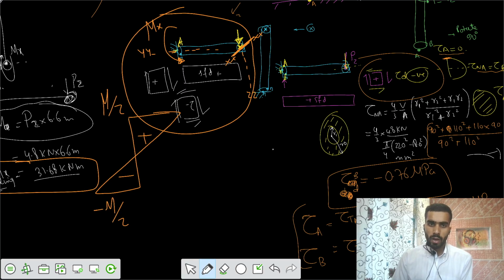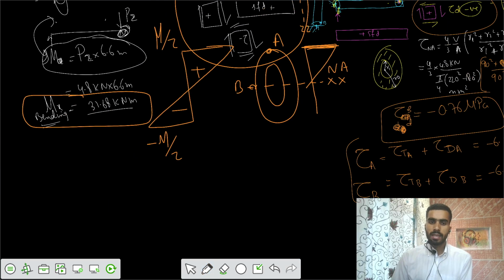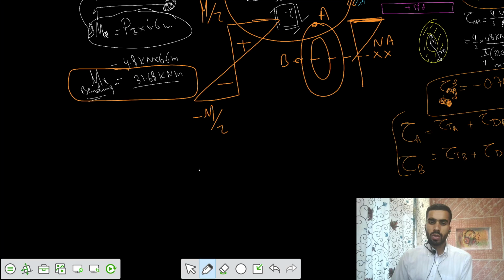So if we have point A at the top, this is your element. Point A is at the top, point B is here, and the neutral axis is along the x-axis. So bending stress at point A would be M by I, that's M by Z, positive. So I would write sigma at point A equals Mx by Zx. What is the value of Mx?